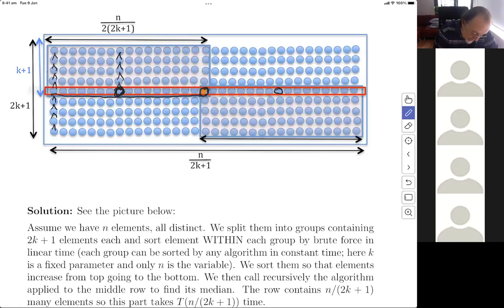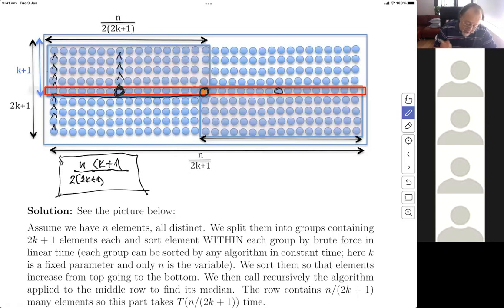But let's see how many elements we have in each of these two boxes. Well, the horizontal side is n divided by 2 times 2k plus 1, and the vertical side is k plus 1. So each of the boxes contains at least this many elements. But this means that the rest, right?